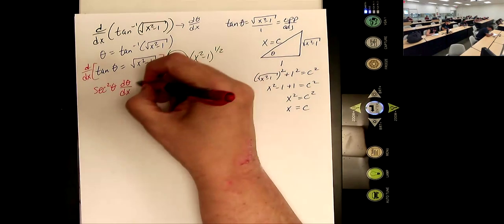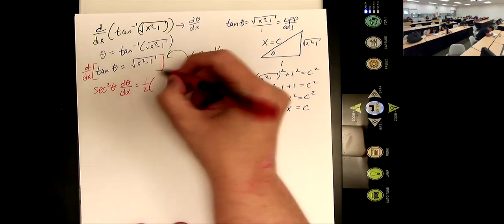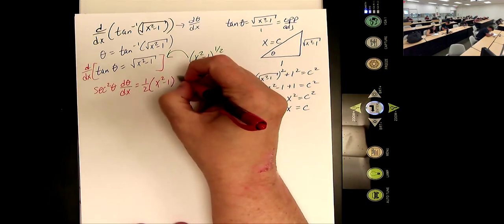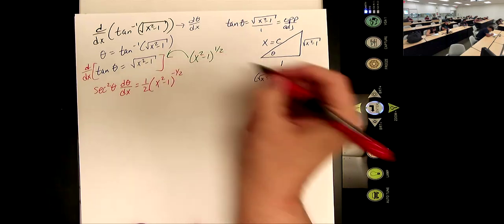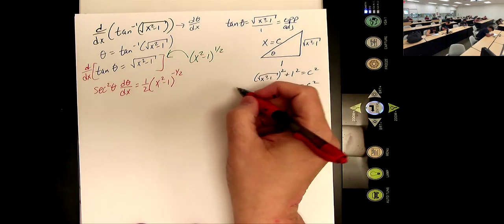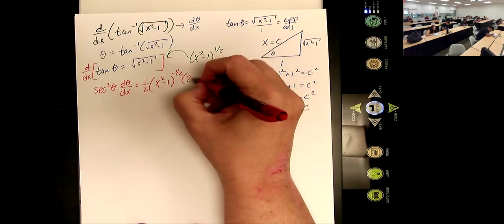So when I take the derivative, I bring the power down, lower the power by one, and then take the derivative of the inside.